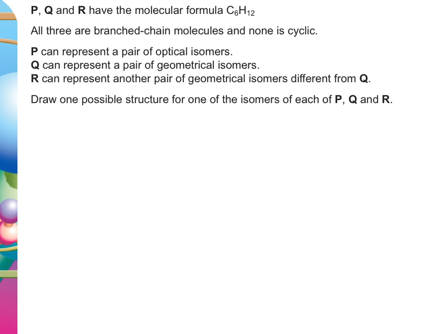Other important bits of information which people will miss, and if you miss this and you don't follow this, you will automatically get it wrong. They are branched chains. So every molecule that we draw now to try and represent P, Q, and R must have a branching somewhere. And then the other key thing is that none of them are cyclic.